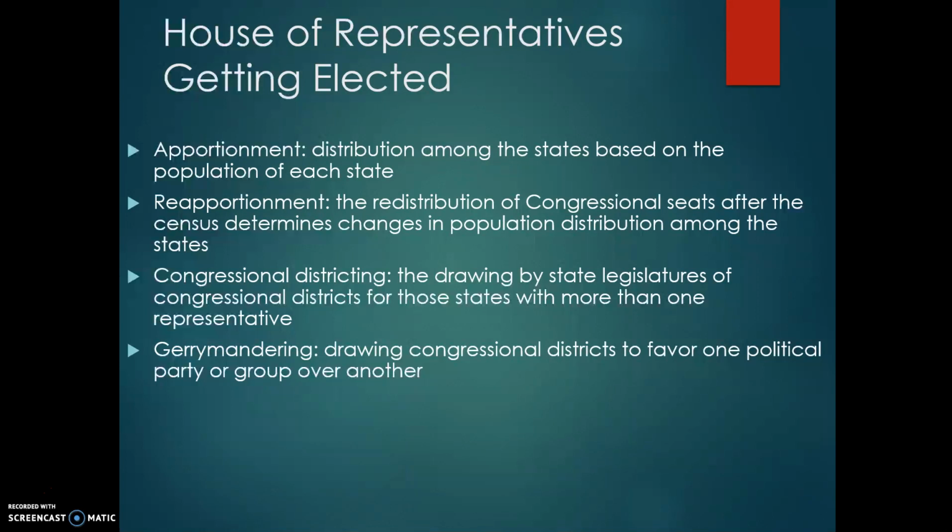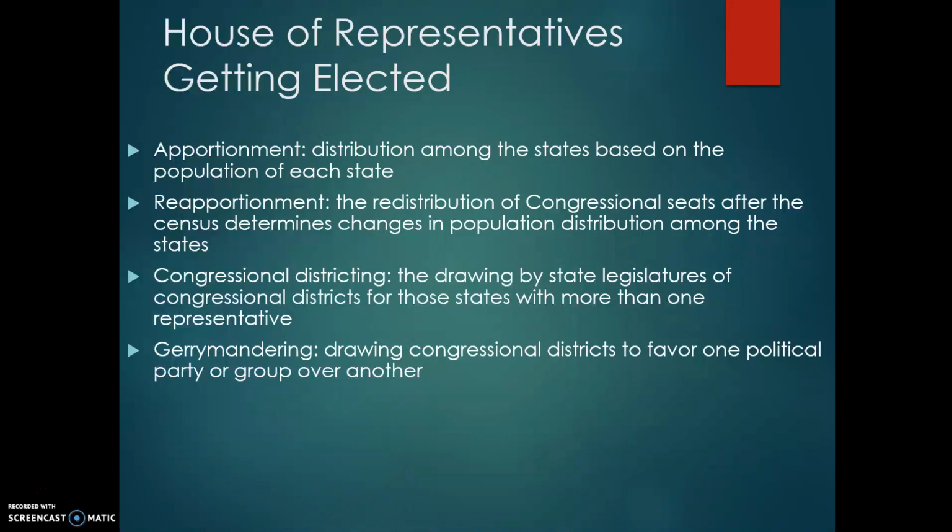Reapportionment occurs when we see a shift in population. So if you see a decrease in a state's population in, say, Pennsylvania, but an increase in population in Georgia, you might see a reapportionment of districts, with some given to Georgia and some taken away from Pennsylvania during that election cycle. Again, that happens every 10 years with the census.